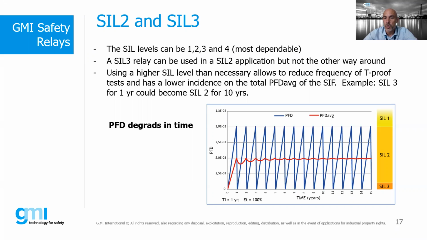And as time goes on, it can also become SIL1. What you have to do in this case is test the device and restore it to the initial condition. Every single manufacturer, to give you a SIL certified device, must also give you a SIL manual where there is a proof test instruction, which explains how to test a device after a certain period.